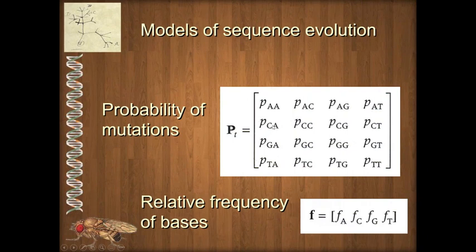So this is the probability of a C mutating into an A, the probability of a G mutating into an A, the probability of a T mutating into A. And although we have 16 possible mutations, in reality, we disregard 4 of them, because the probability of an A mutating into an A, an adenine into an adenine, is really not meaningful. So in reality, we only have 12 mutations that we need to assign values to.